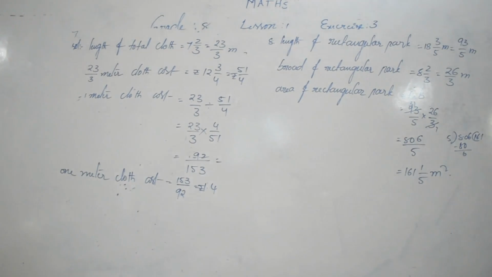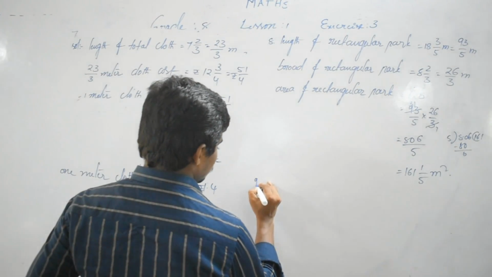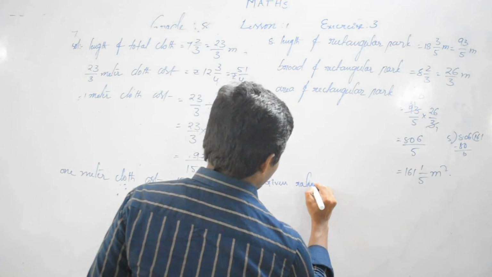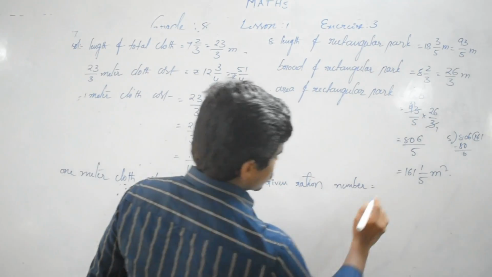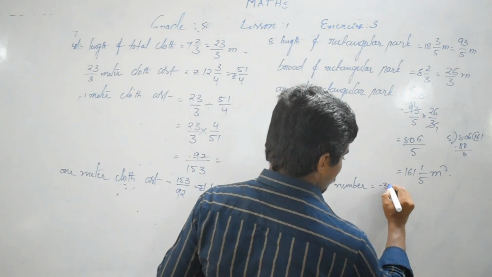What number should minus 33 by 16 be divided by to get minus 11 by 4? Ninth one, given rational number minus 33 by 16.